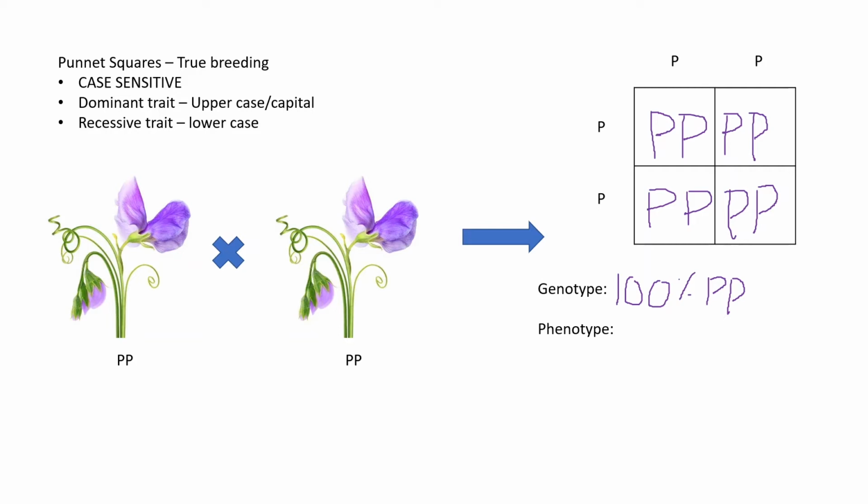Because they all only have the dominant allele, all 100% of their offspring are going to be purple.